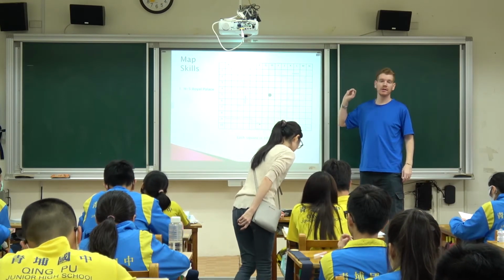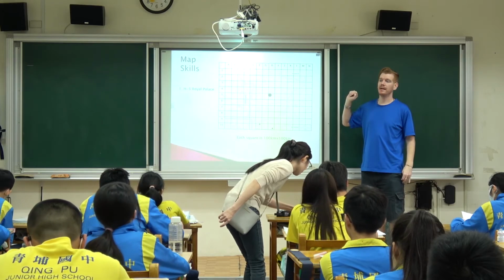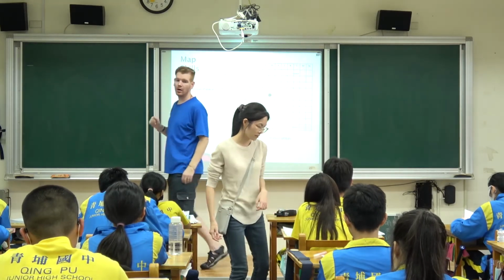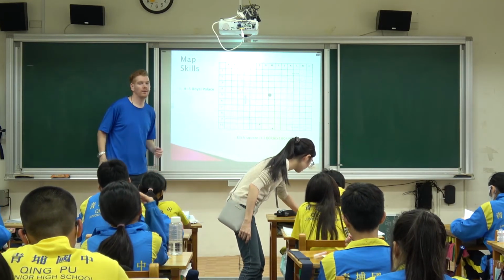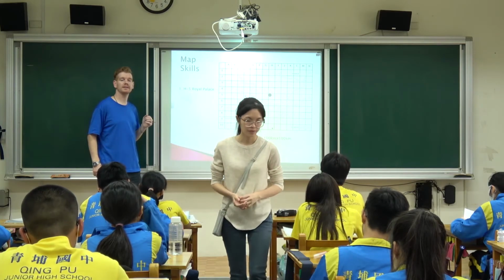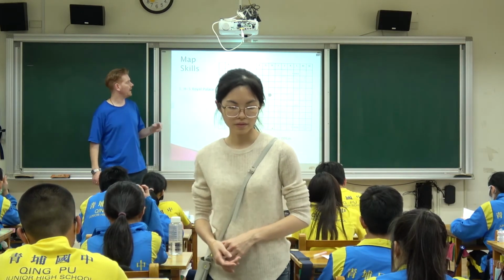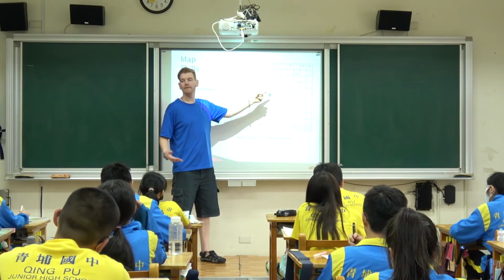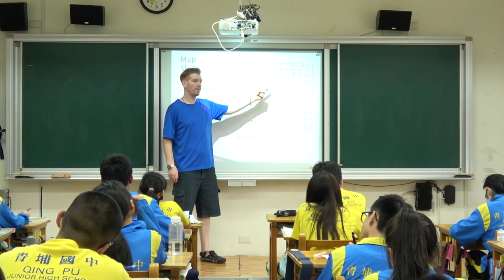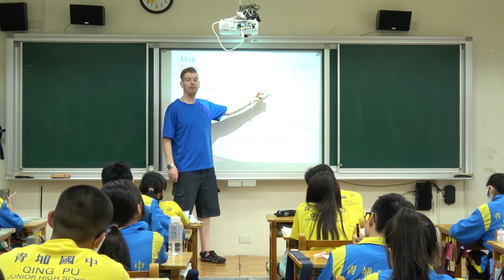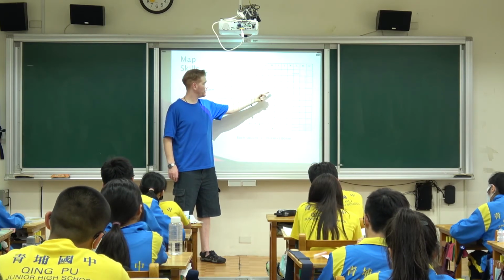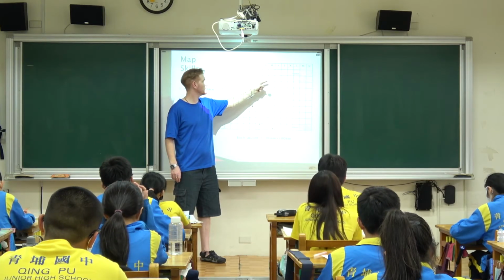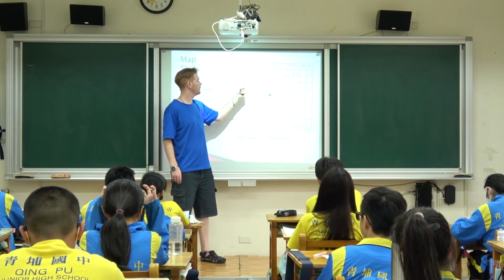Okay, number 2, Scala Familia is about 120 kilometers from the Royal Palace. 1, and then point 2 takes us to 3.